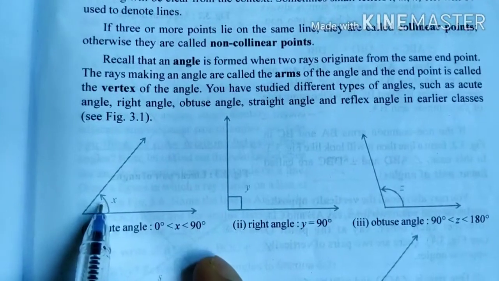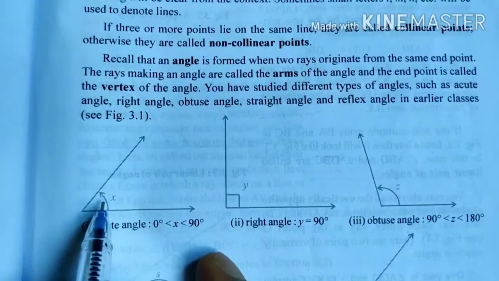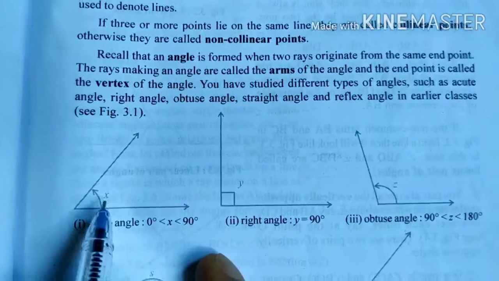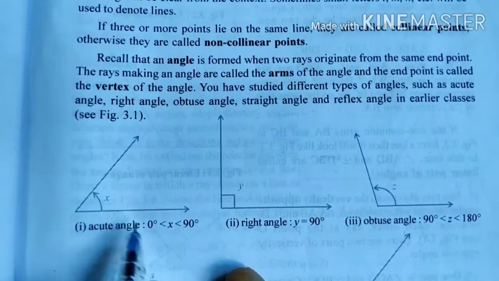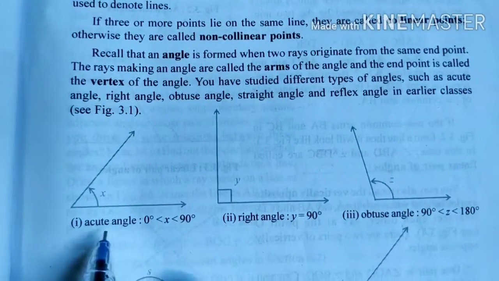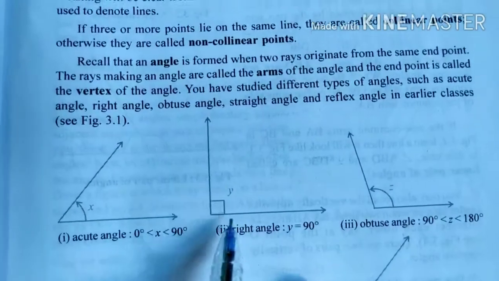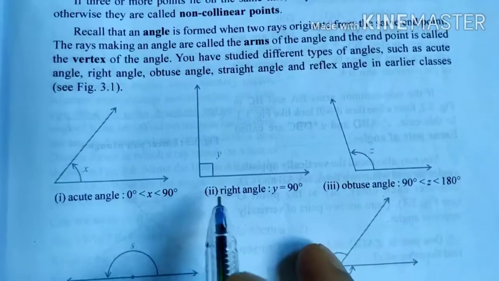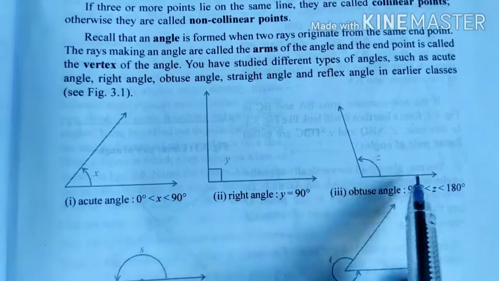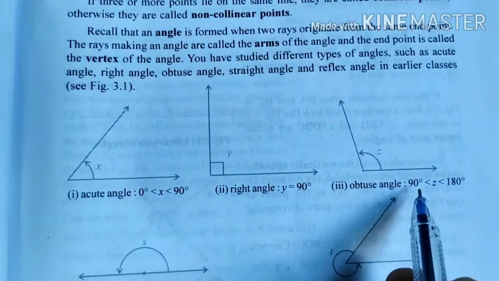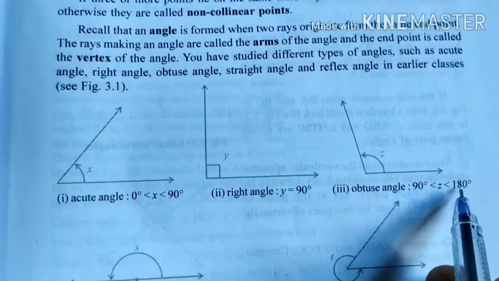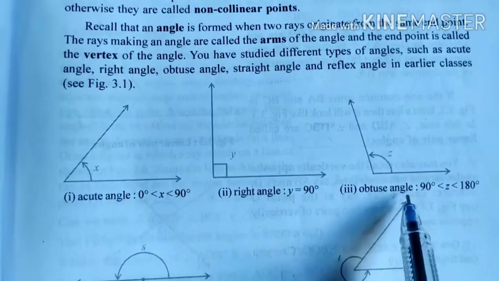Here you write the angle value. If the angle value is between 0 and 90 degrees, it is called an acute angle. If it is 90, we call it a right angle. If the value is more than 90 and less than 180, it is called an obtuse angle.